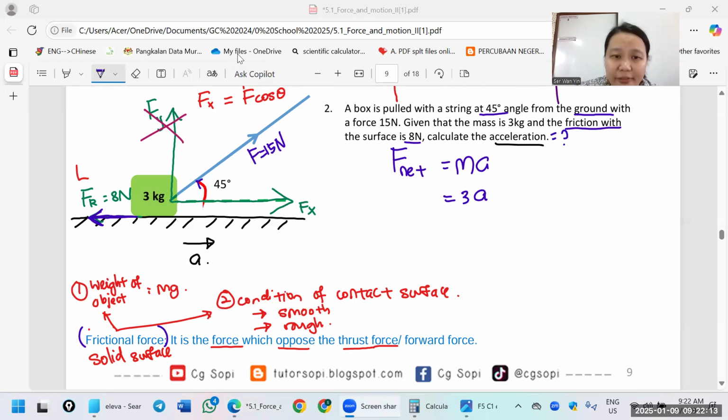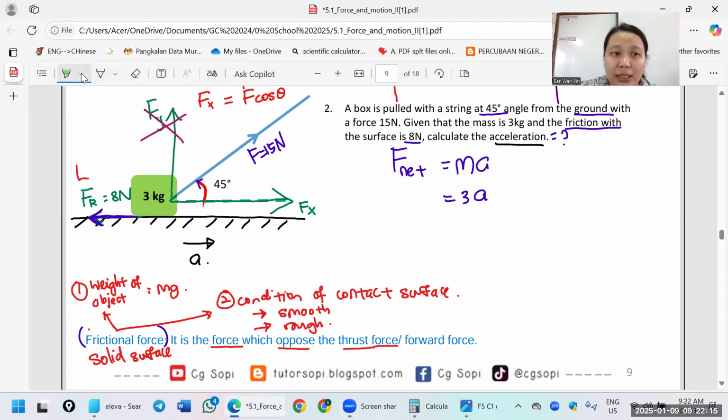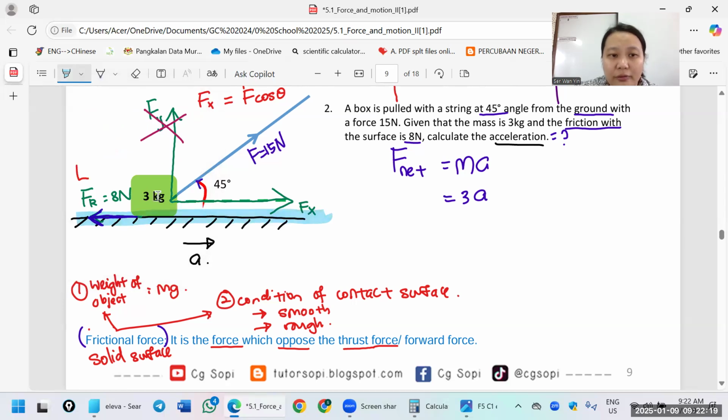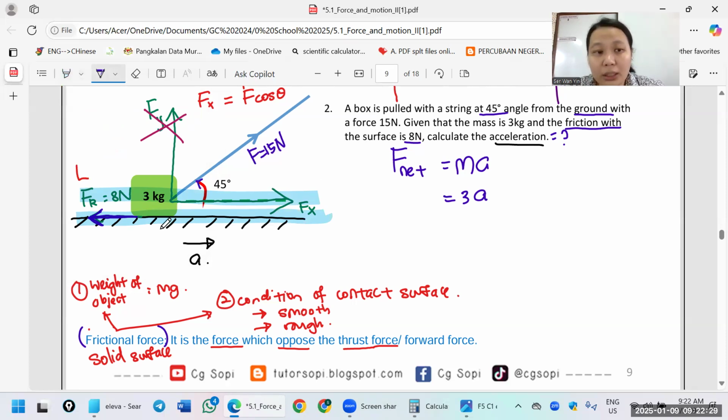Yes, Jianwei, very good. We actually look at the horizontal force. Even though they are not at the same level, it doesn't matter, as long as they are parallel. You can see this one goes here, this one goes here. So actually it is Fx minus Fr. And we substitute first: Fx minus Fr, Fr is 8, equals 3a.